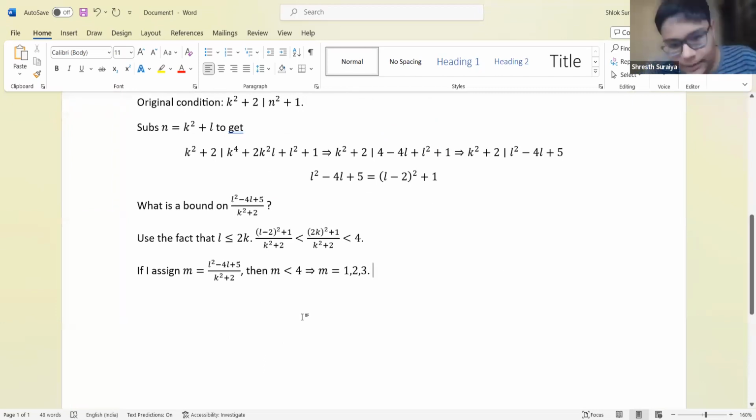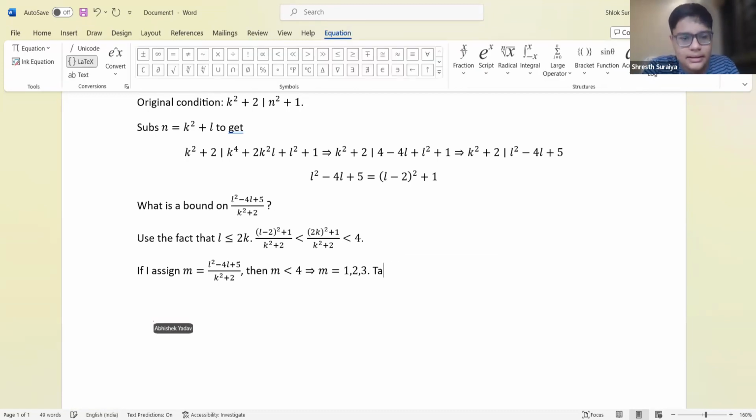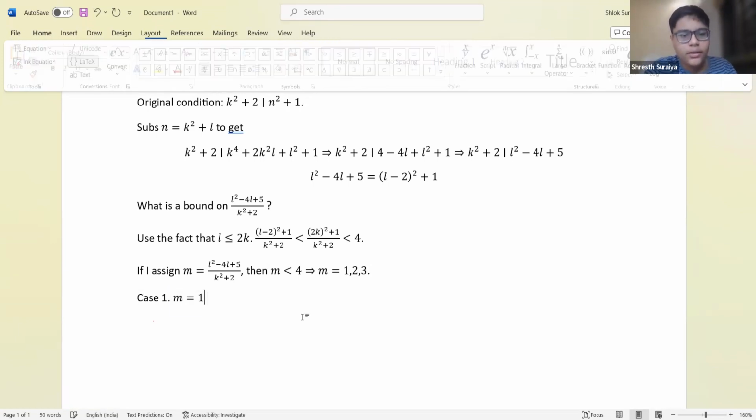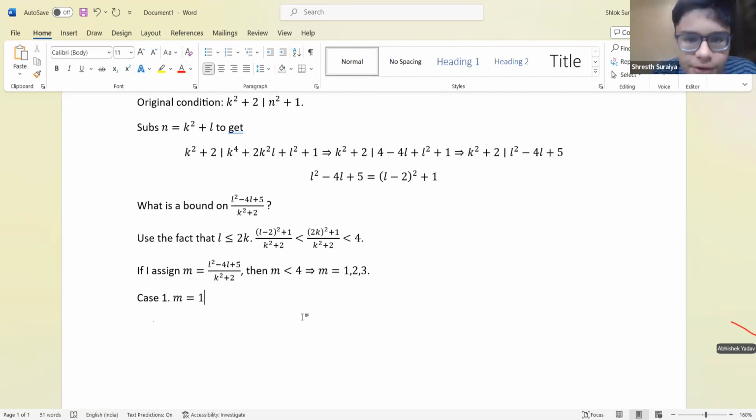So if you just take m equal to 1, now you just make cases. Can anyone help me for m equal to 1? How will I finish? Hello.